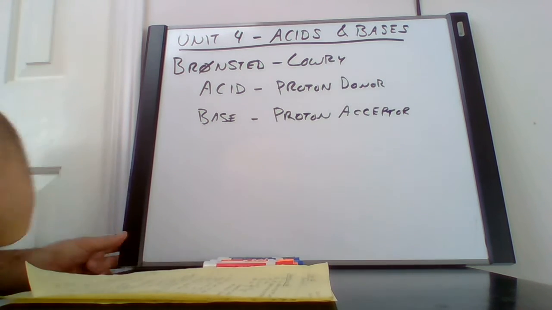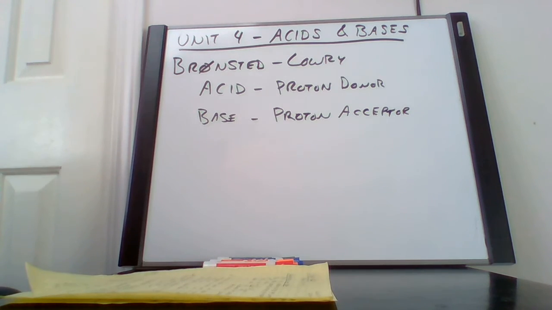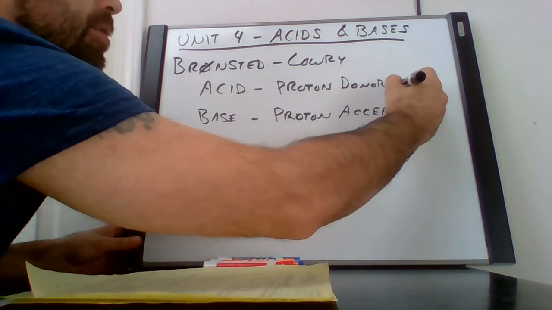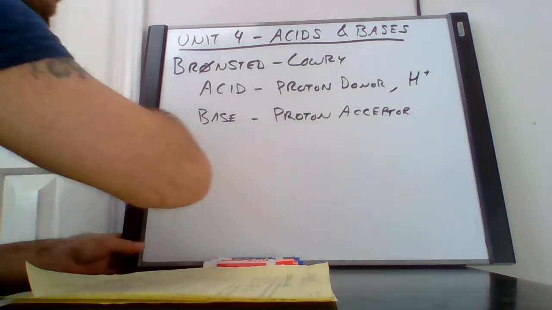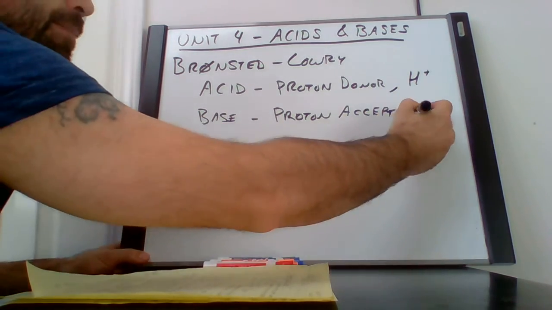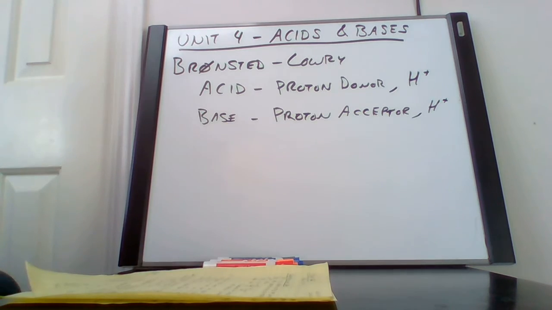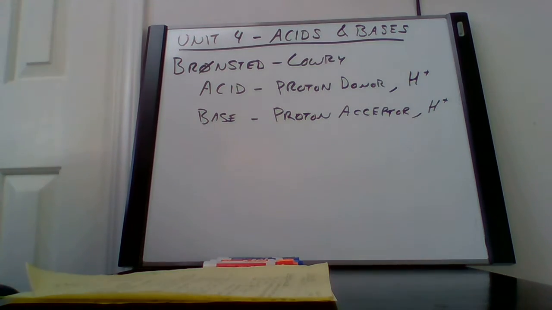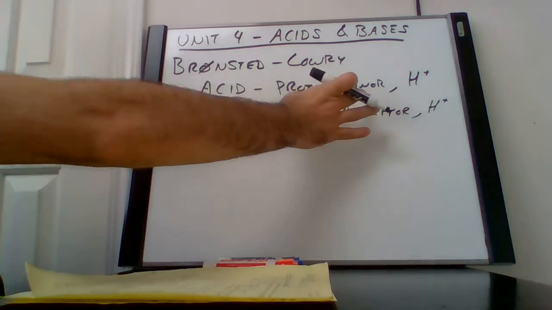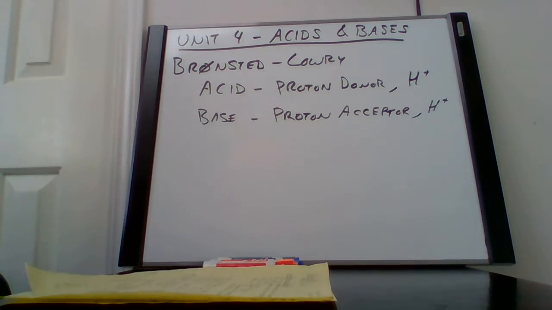Now the acid part is probably very similar to what we dealt with in the past, because when we're talking about a proton, we are talking about that H+. Whereas a base being that proton acceptor, it's a little bit different than what we normally think of it, because normally we would think of providing that OH- into the system. Okay, so just want to be careful with that. We are now talking about a proton donor and a proton acceptor as our acid and base.